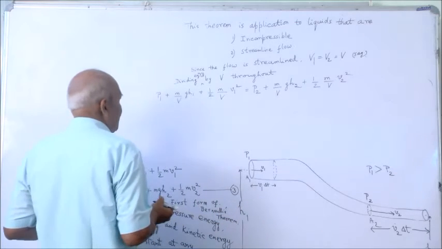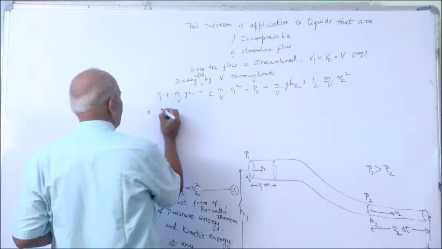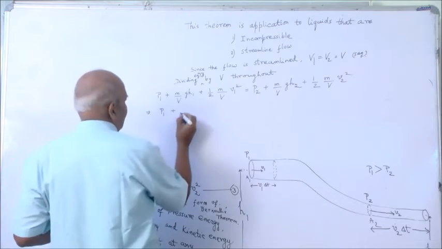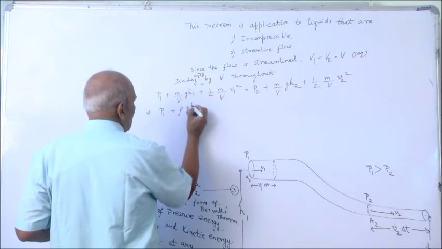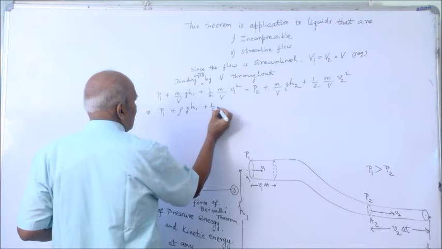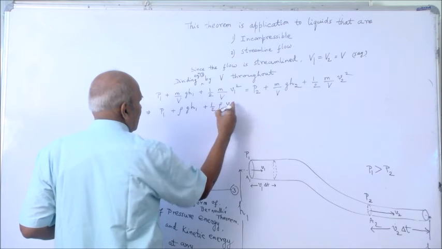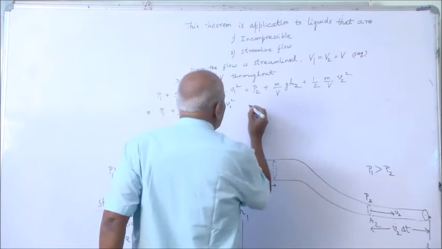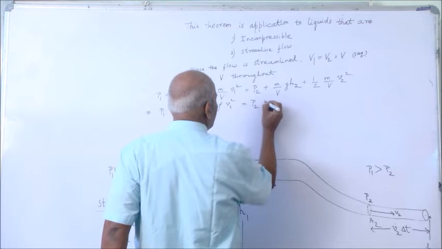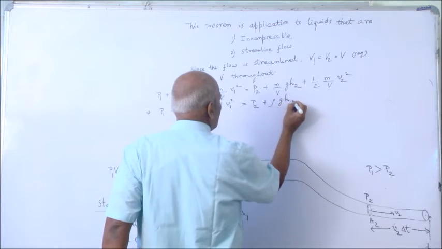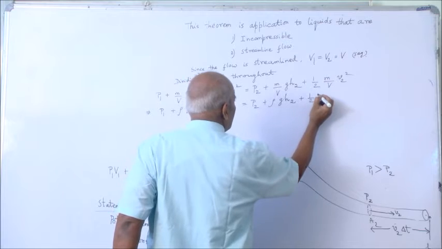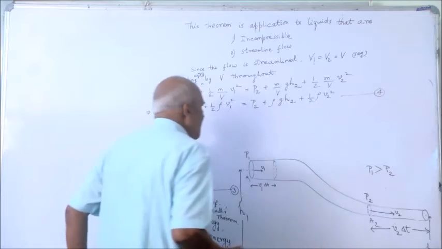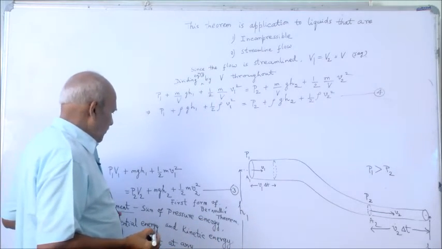Equation 3 is divided by V. So, that gives you P1 plus, what is M by V? Mass by volume is density. Density of the liquid, that is rho. So, V1 square, then, that is equation number 4.